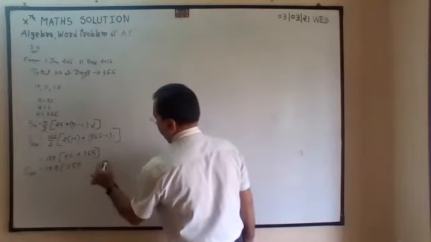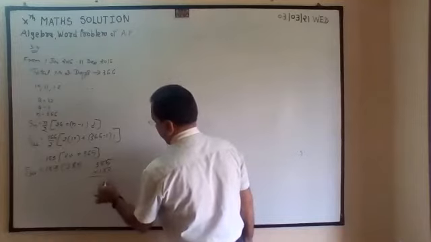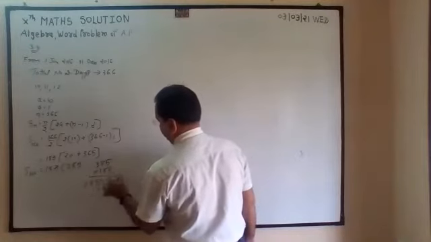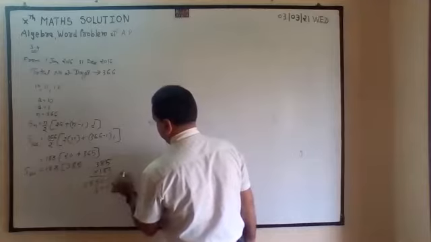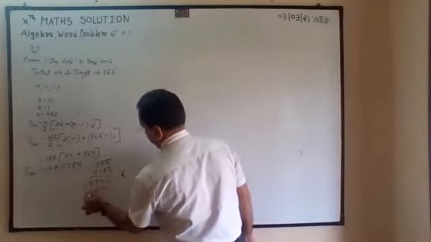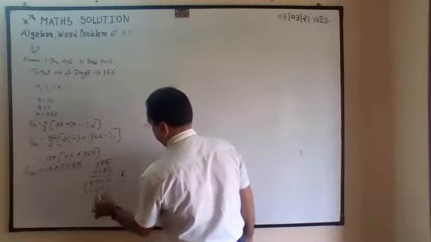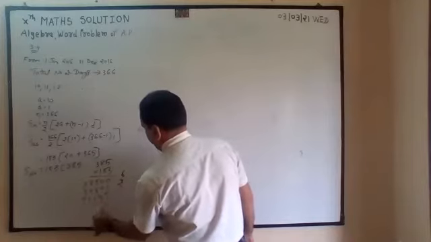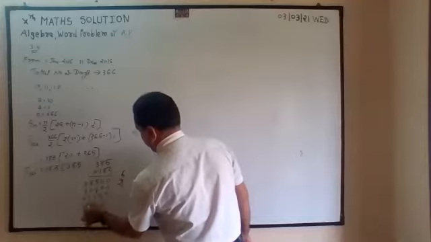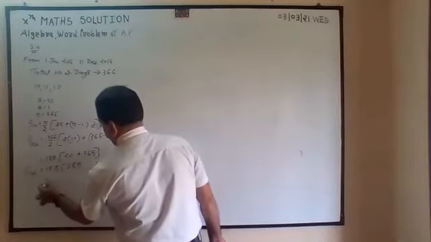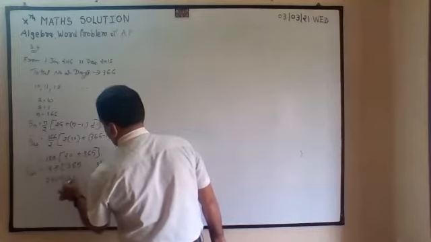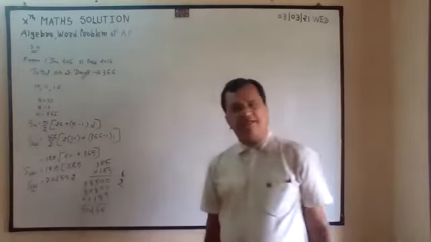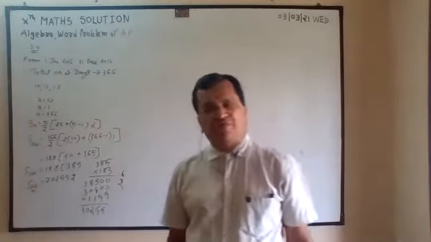Make the product, 385 into 183. So at the end 70,455 rupees will be there. Total amount deposited, that is 70455.